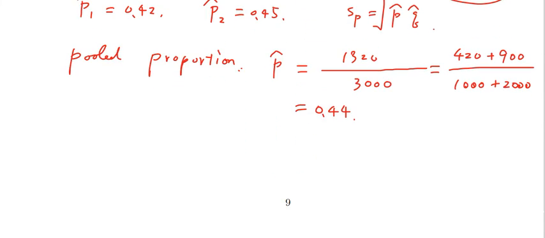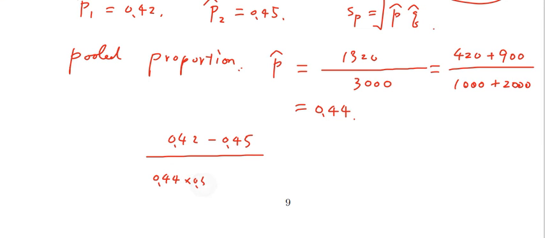So this test statistic is 42 minus 45. Then this is p hat q hat. P hat is 44, q hat is 56. So take the square root. So this is like the pooled value.